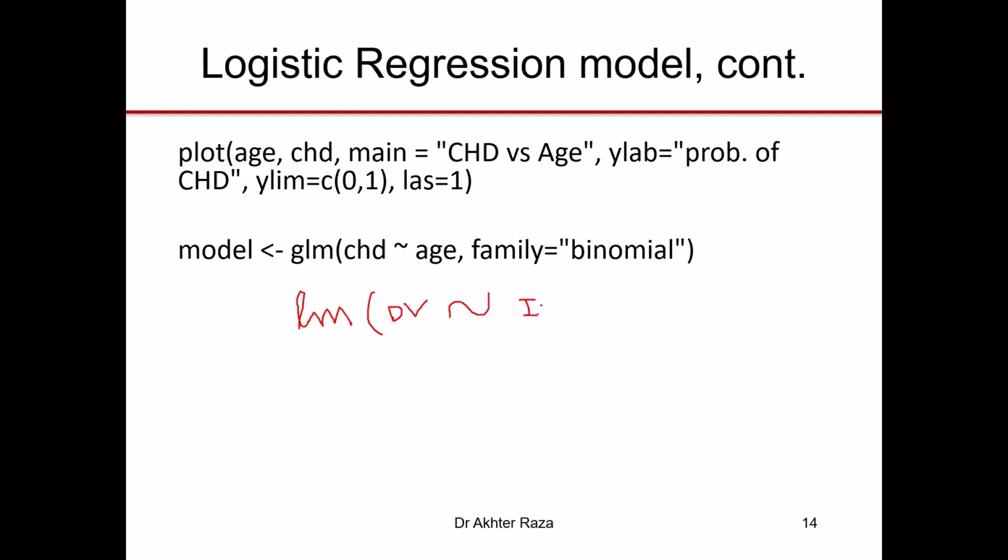If you have only one IV, then write just that. This was the simple linear model. But if you want to apply a generalized linear model, then instead of LM you use GLM. Another change is family equal to binomial. This is the change which we have here in the function, right?